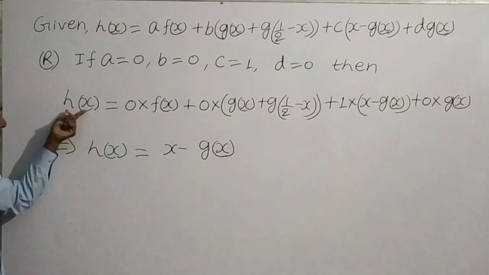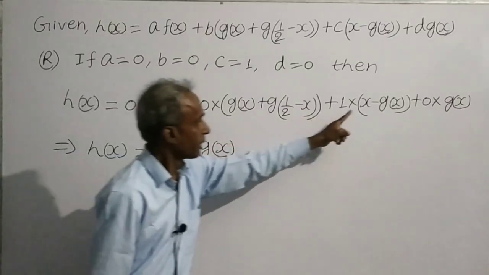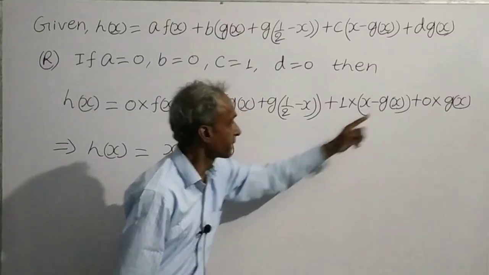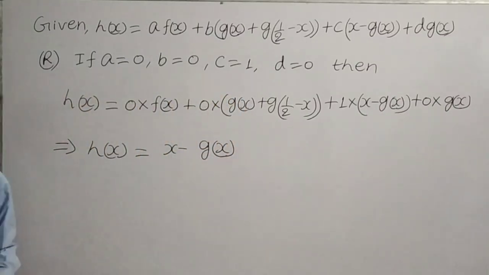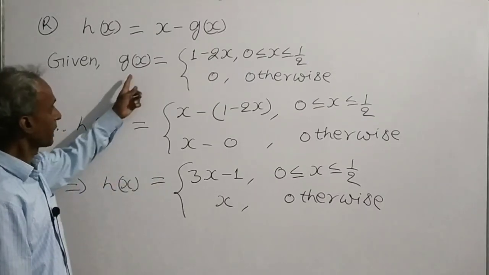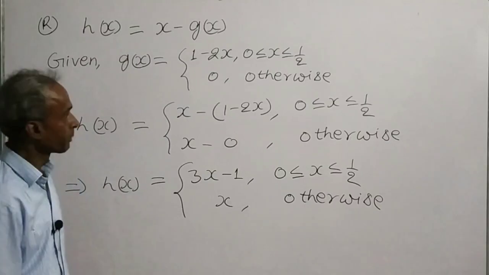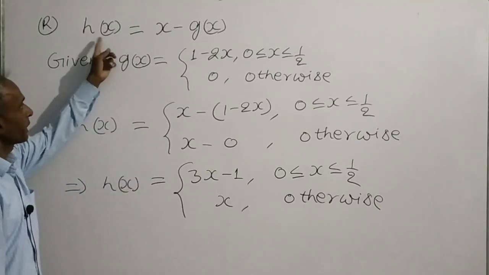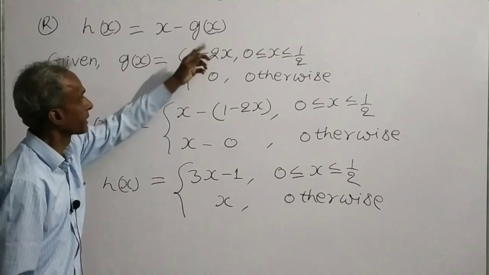Then we get h(x) equals x minus g(x). It is given in the question that g(x) is this function. Therefore, h(x) will be equal to x minus g(x).